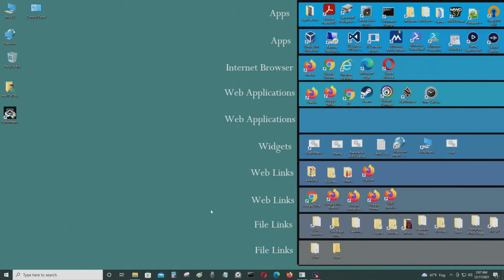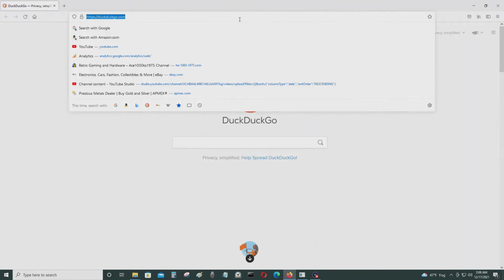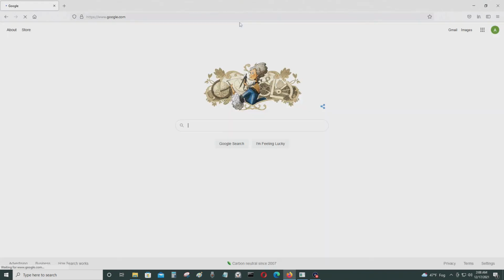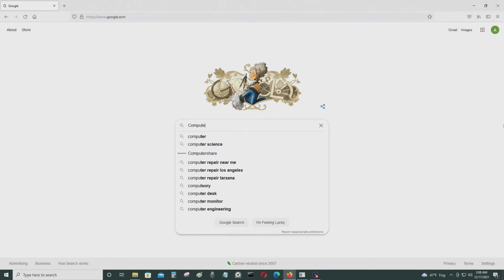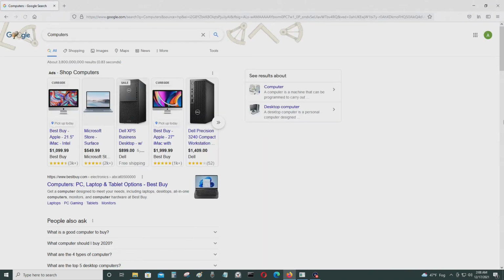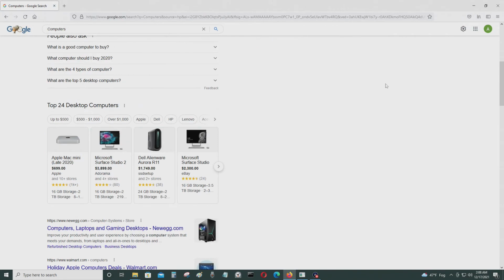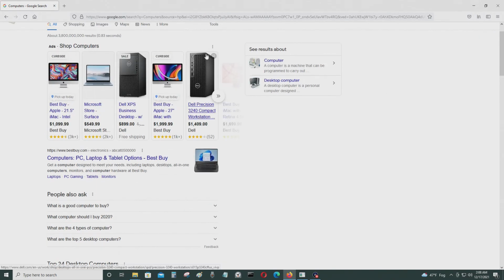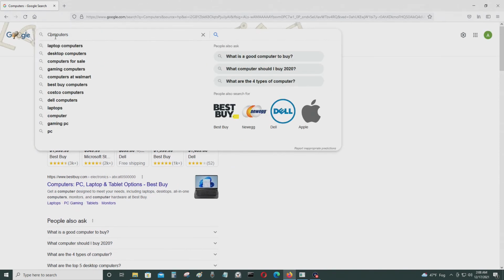So back when I was growing up in the 1970s and 80s, we had encyclopedias to learn about the world. But today we have something like Google, and we can find anything we want. So let's look up computers here. Information about computers.